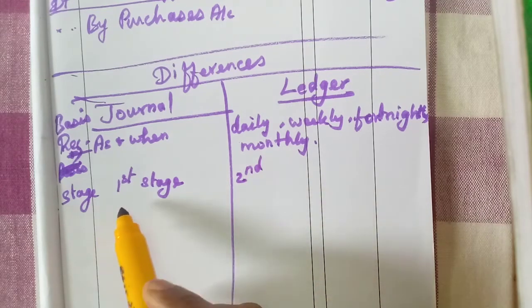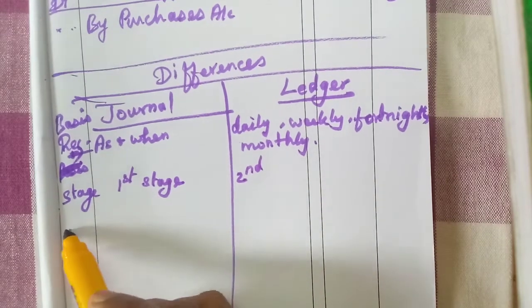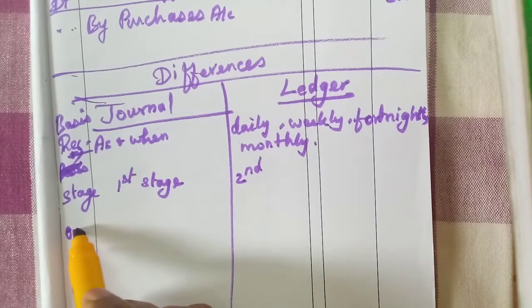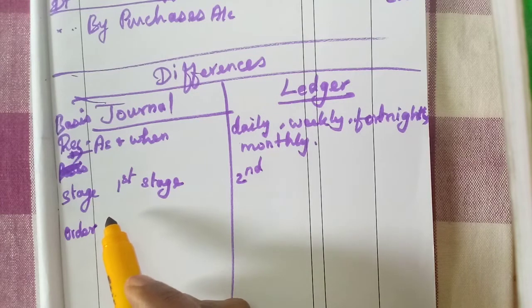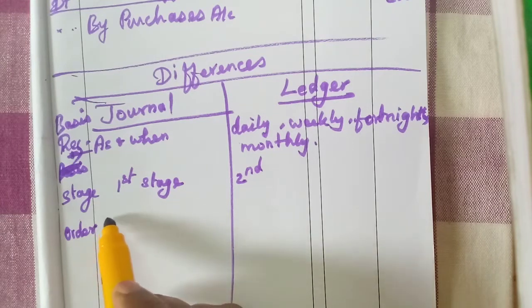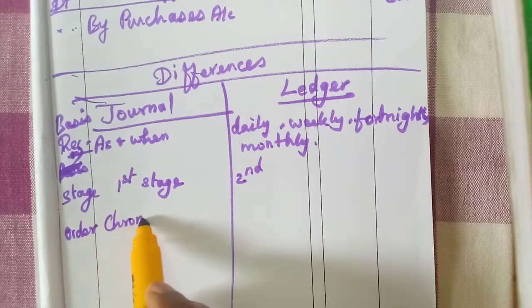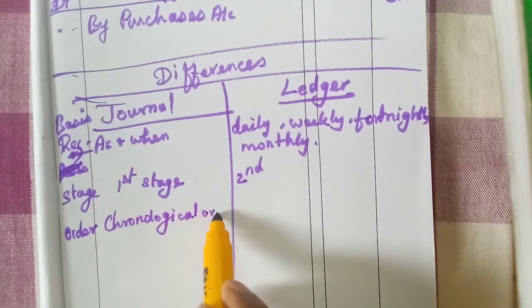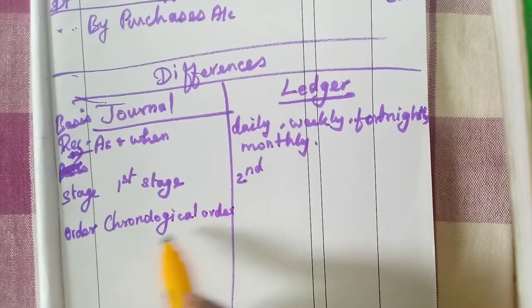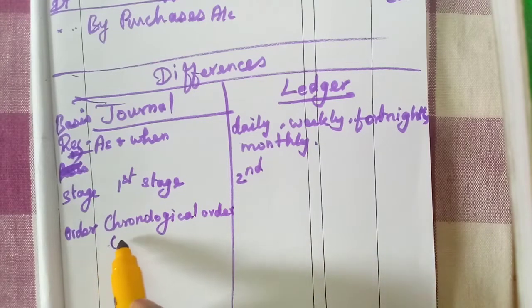Then order of recording. Which order will we enter the journal entries in? In chronological order, isn't it? We know what is the meaning of chronological order? Order of occurrence. That means date wise.